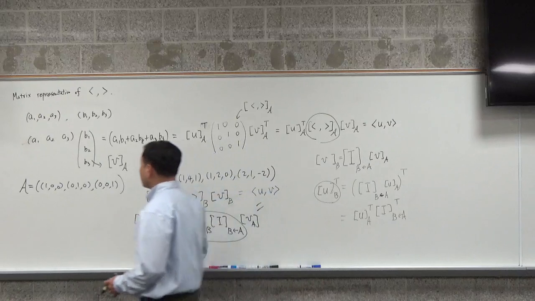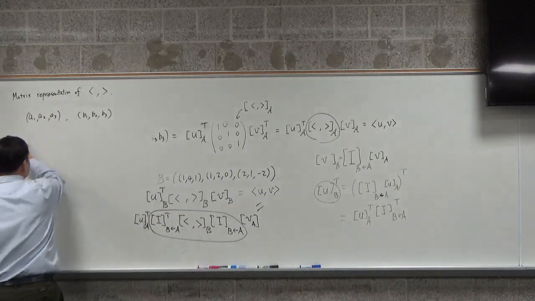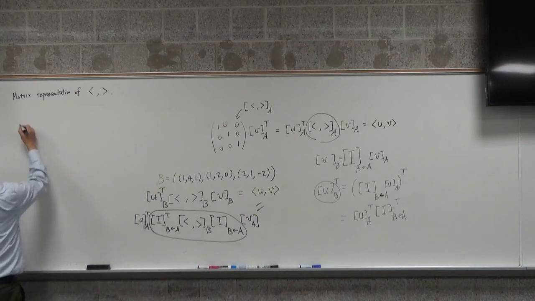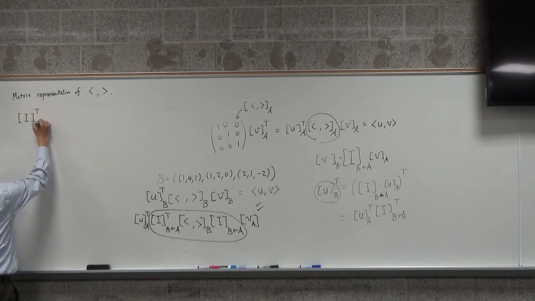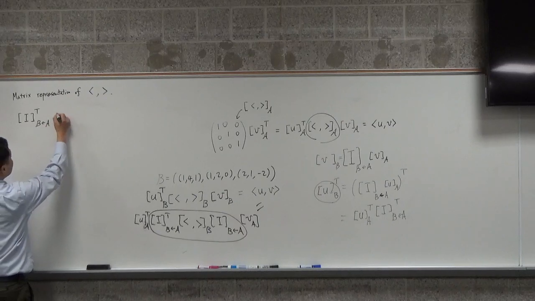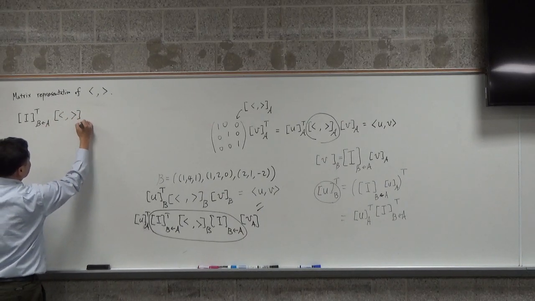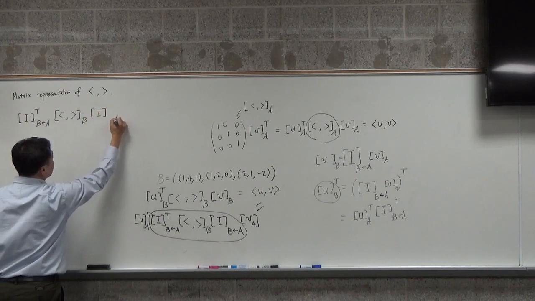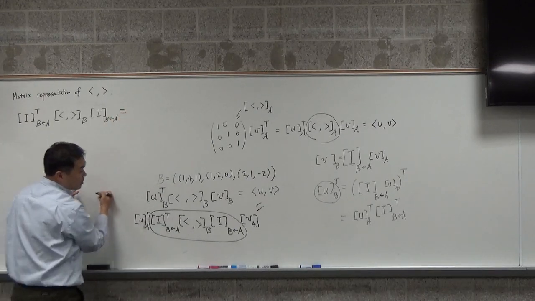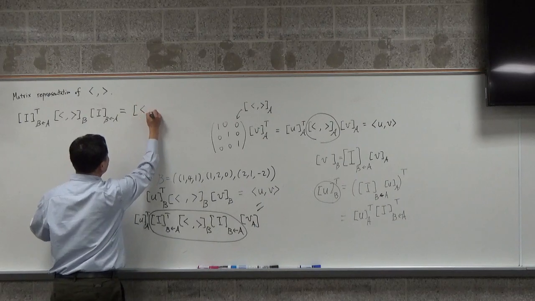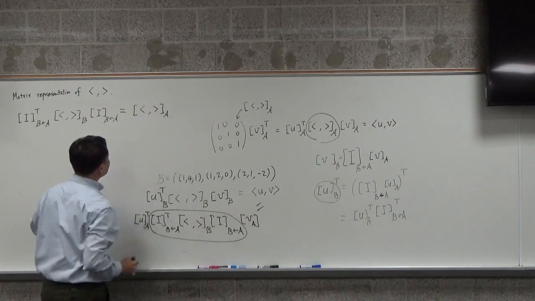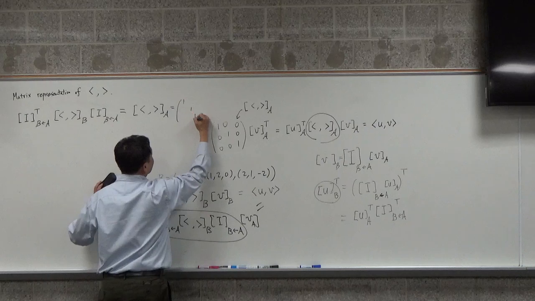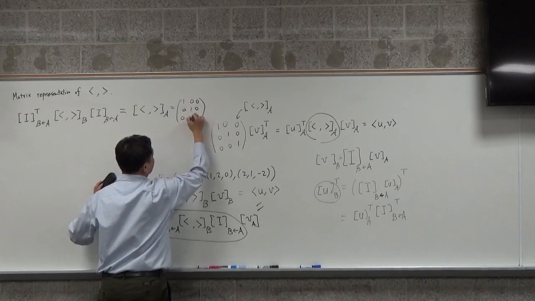So here's the conclusion I'm trying to draw: this should be the same as this, which was the identity, right? It's this thing. Okay?